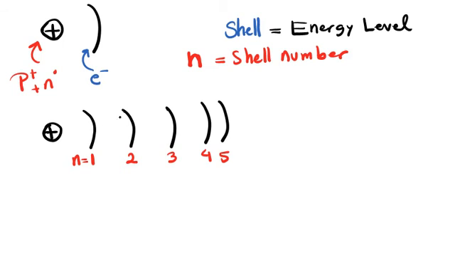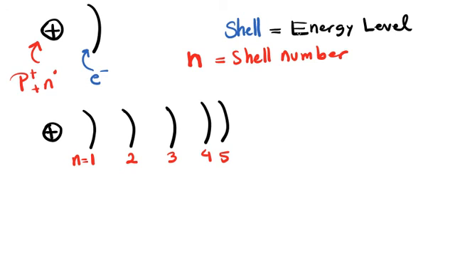The first shell, we call energy level number 1. The second shell is the second energy level. So we are going to specify this diagram based on energy. We can calculate the amount of energy for each shell, for electrons on each shell.